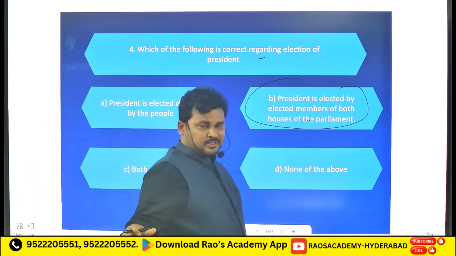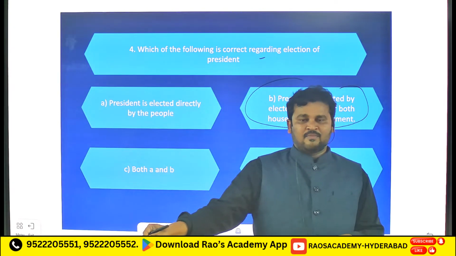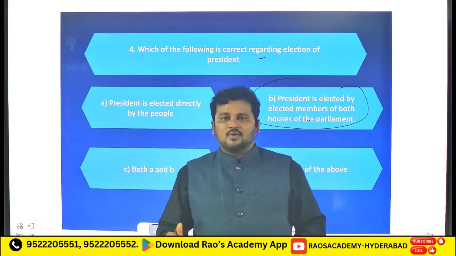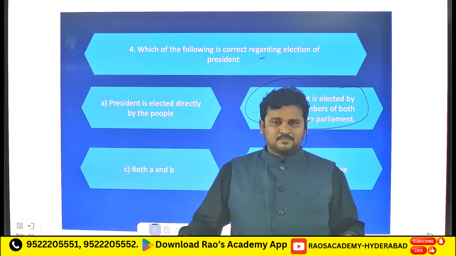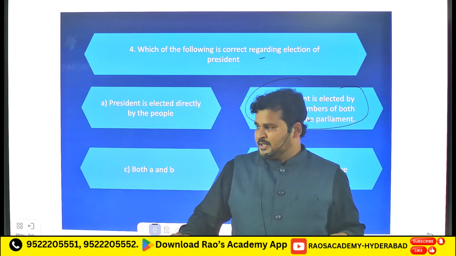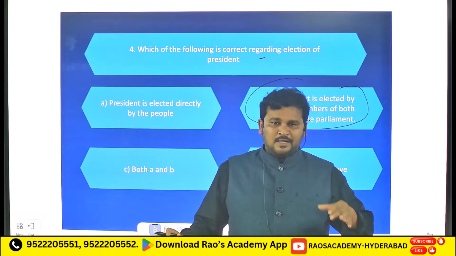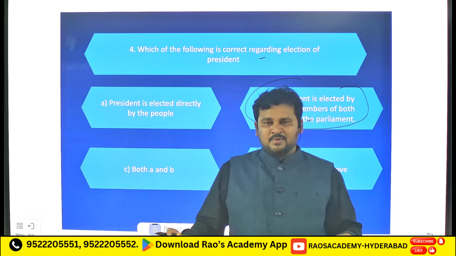And let me give an explanation related to the electoral college of the president. Clear? So here the members of Lok Sabha and Rajya Sabha were of two types. One is elected members, the second one is nominated members. Elected members were elected by the people directly.